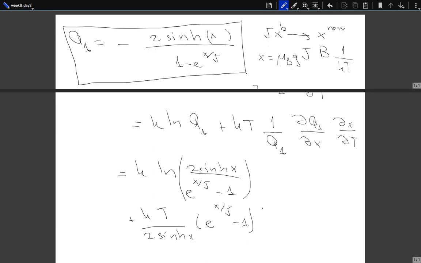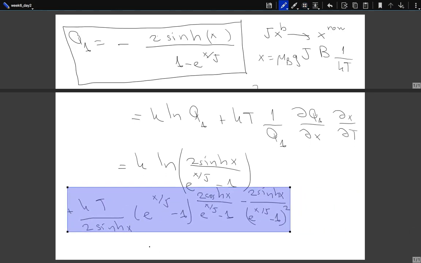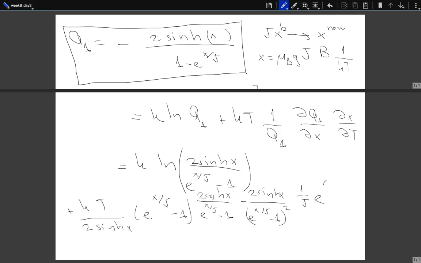The derivative of q1 with respect to x will be twice cosh x divided by e to the power x over j minus 1, minus twice sinh x divided by e to the power x over j minus 1 squared, times the derivative of this denominator, which is 1 over j e to the power x over j, times del x over del T. Del x over del T is just minus x over T.